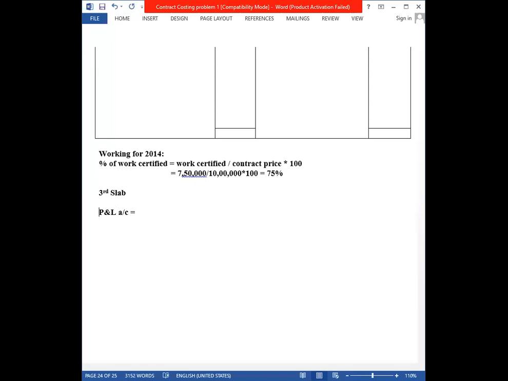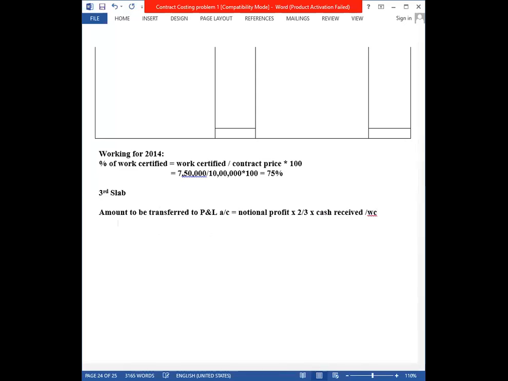Amount to be transferred to P&L account equals notional profit into 2 by 3 into cash ratio. It is not there, but we have cash received divided by work certified. Shall I use WC? WC is nothing but work certified. So how much is it coming?